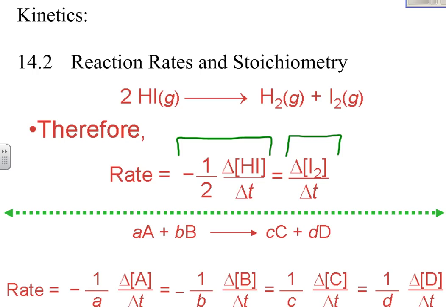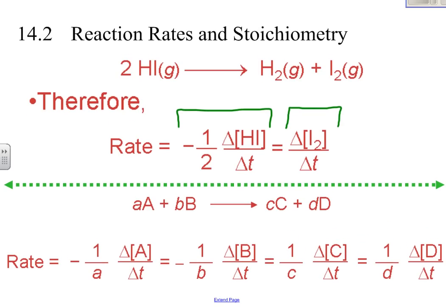So, for instance, for the hydrogen iodide, we would use a negative in front because it's a reactant, and then 1/2, which is the coefficient from the hydrogen iodide, and the iodine would just be the change in the concentration. Again, this is because the iodine concentration is going to change half as fast as the hydrogen iodide, or the hydrogen iodide concentration would change twice as fast as the iodine.